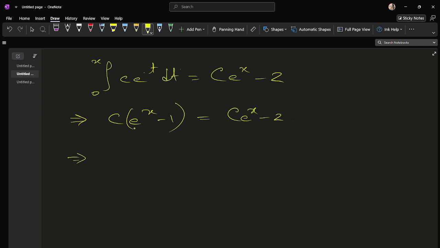So we get c(e to the power x minus 1) equals c e to the power x minus 2, that is c e to the power x minus c equals c e to the power x minus 2. So we can see that c equals 2.